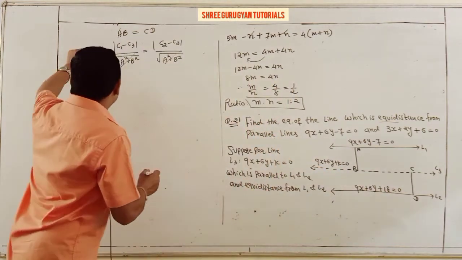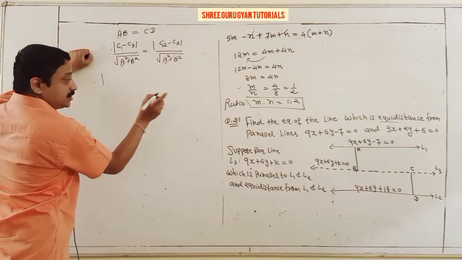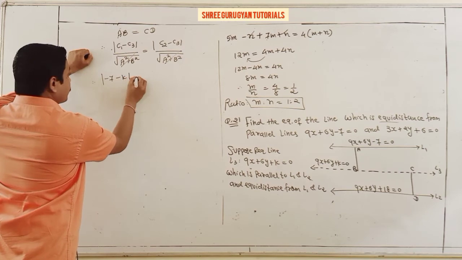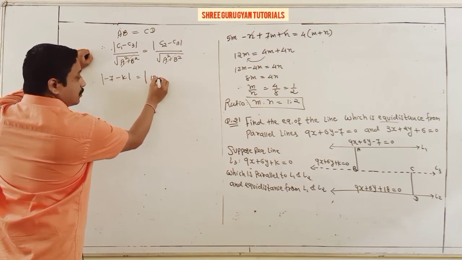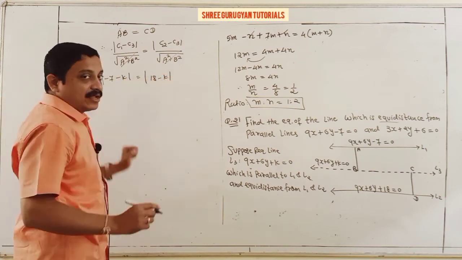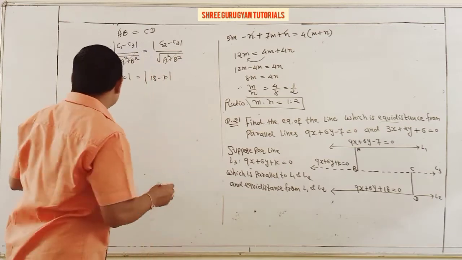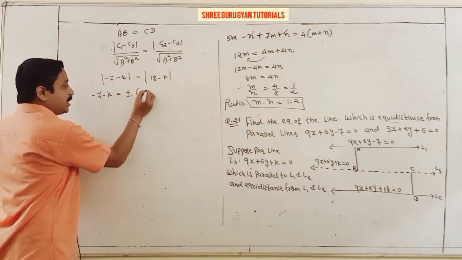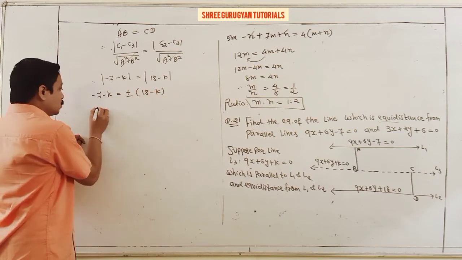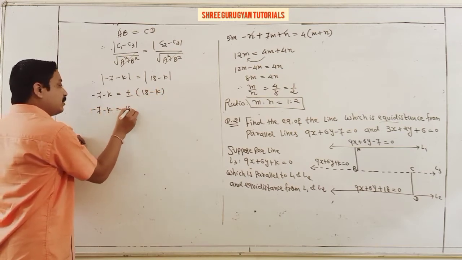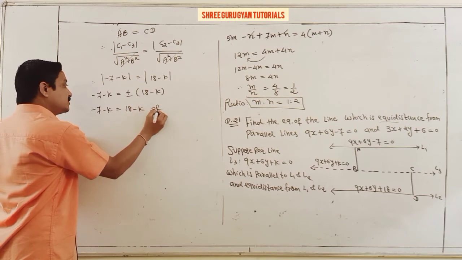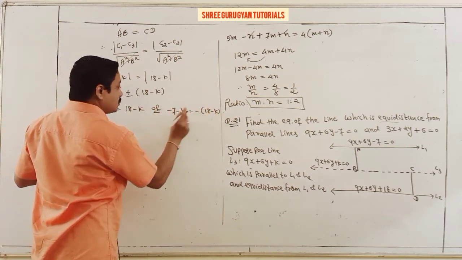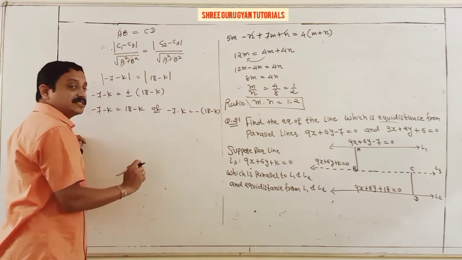So what is C1? C1 I have minus 7, C3 is K, C2 is 18. Now magnitude derive, plus or minus answer: minus 7 minus K, here plus or minus 18 minus K. So one kind is 18 minus K, otherwise minus of 18 minus K. Now students, your answer is coming in a simple way.